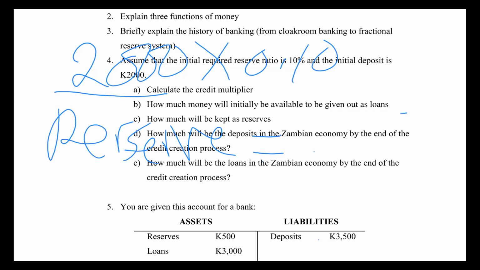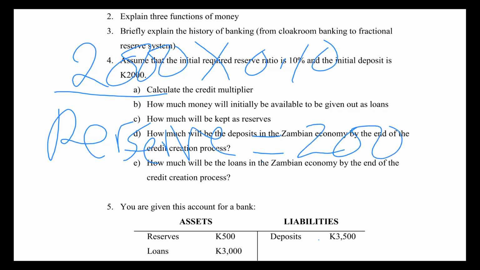I was saying 2,000 times the 10% is how much they're going to reserve at the bank. It is 200 kwacha.